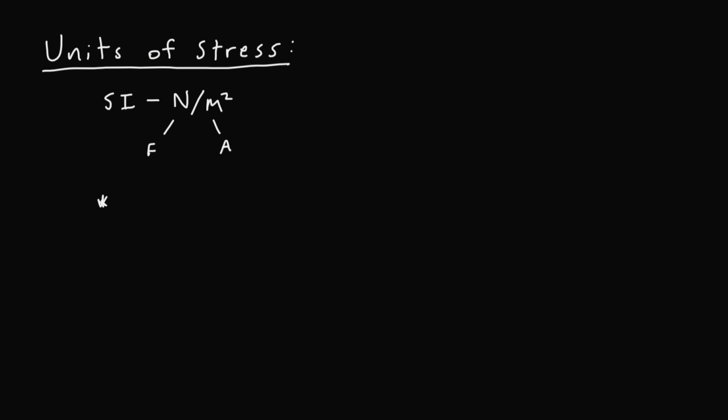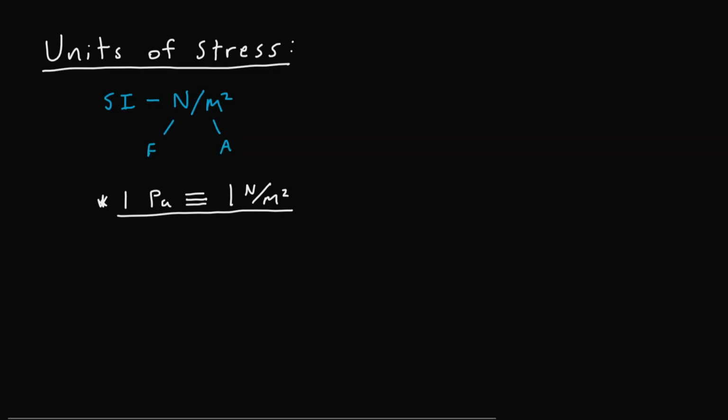And also for SI units, keep in mind that 1 Pascal is equivalent to 1 Newton per square meter. And so you might be familiar with pascals being a unit of pressure, and so that sort of hints that stress and pressure are pretty much related and basically interchangeable.